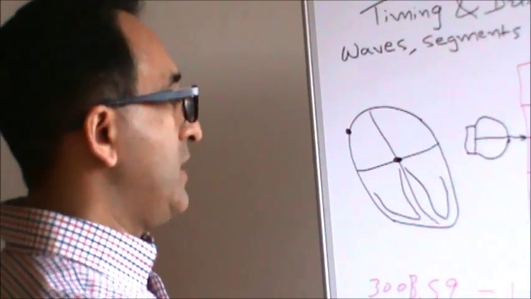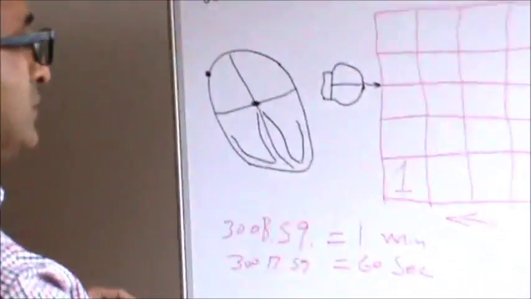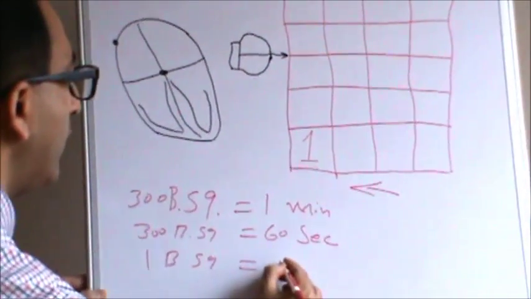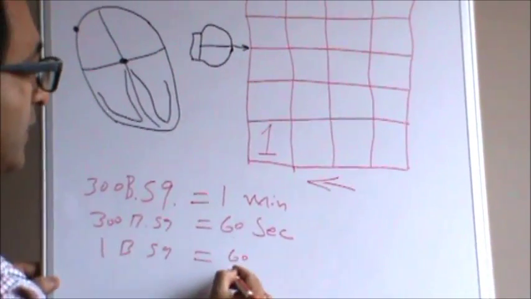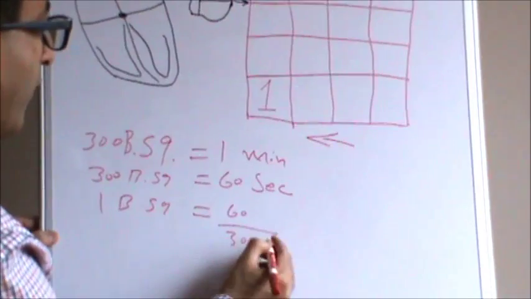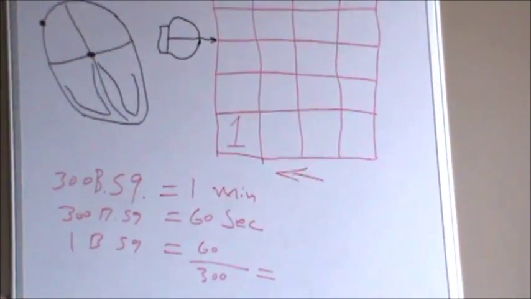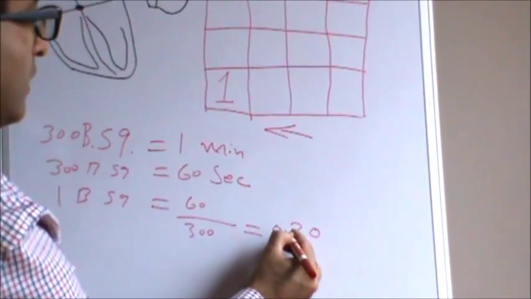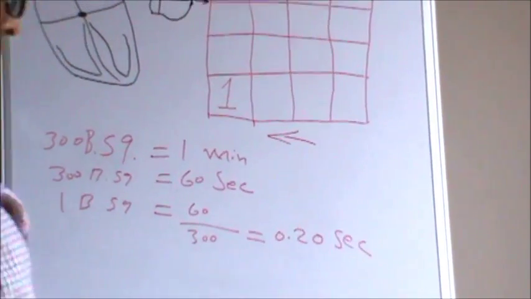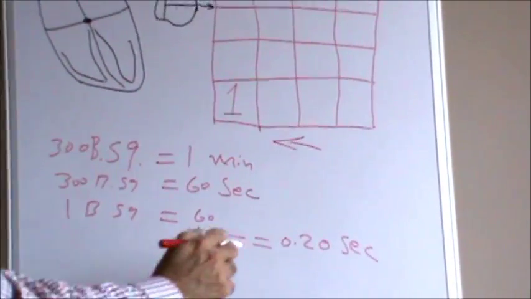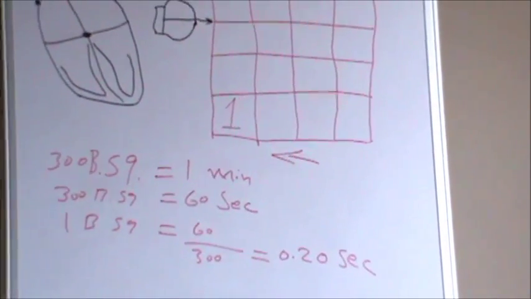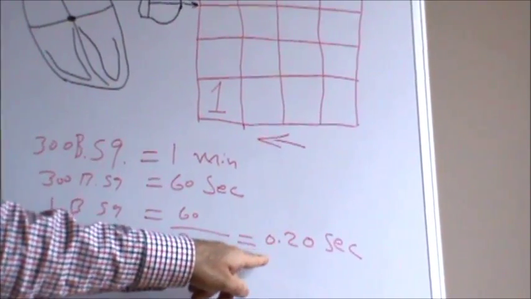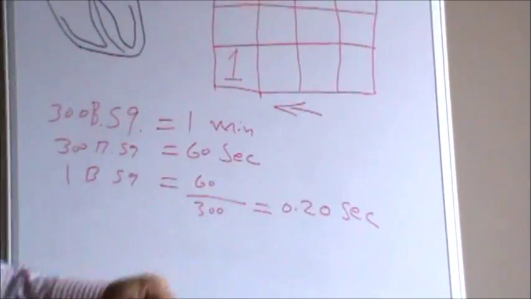So logically, what would be the duration of one big square? So one big square equals 60 seconds divided by 300. If you do the simple math, what does it come to? 0.2 second. So make a note of this, how we are arriving at this number. Simple logic. So one big square equals 0.2 second of time duration.